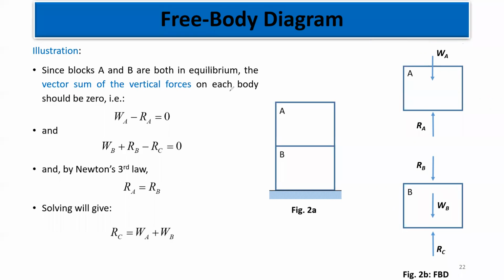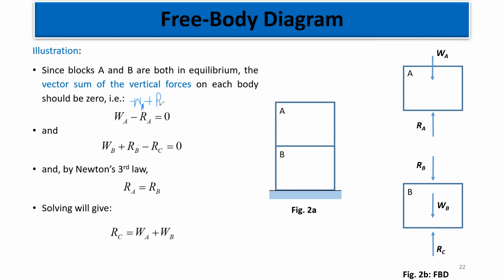So if that's the case, then if I consider body A, if I sum forces, mind you, the WA is acting downwards, RA is pointing upwards. So it means that this WA, which is pointing downwards, is negative, and RA, which is pointing upwards, will be positive.